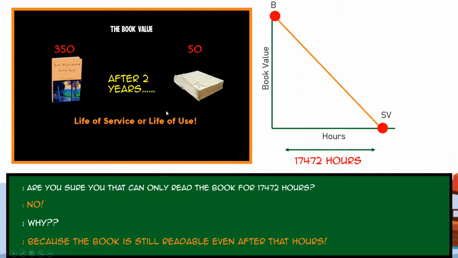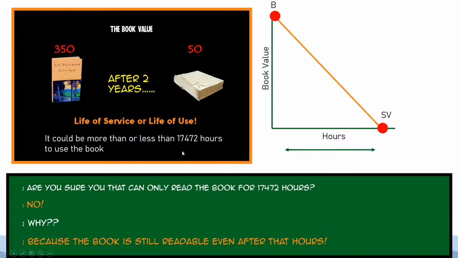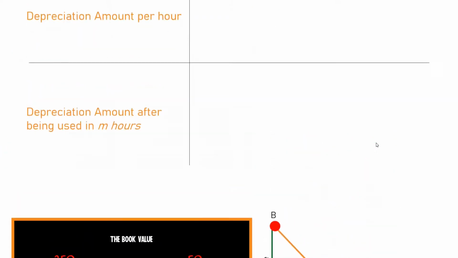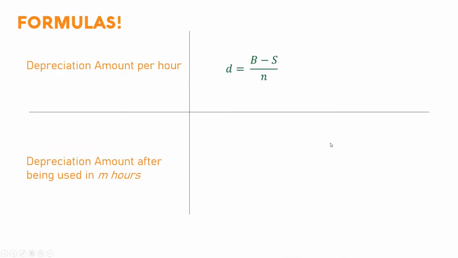Okay? Ang mag-matter is ang hours of service or hours of use. Okay? Now, it could be more than or less than 17,472 hours to use the book. Okay? Life of service in hours. Now, the formula nga gamiton is this one.